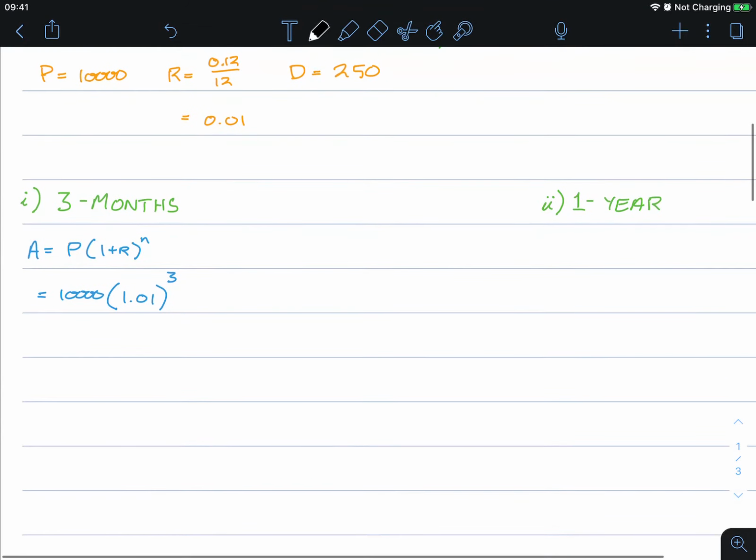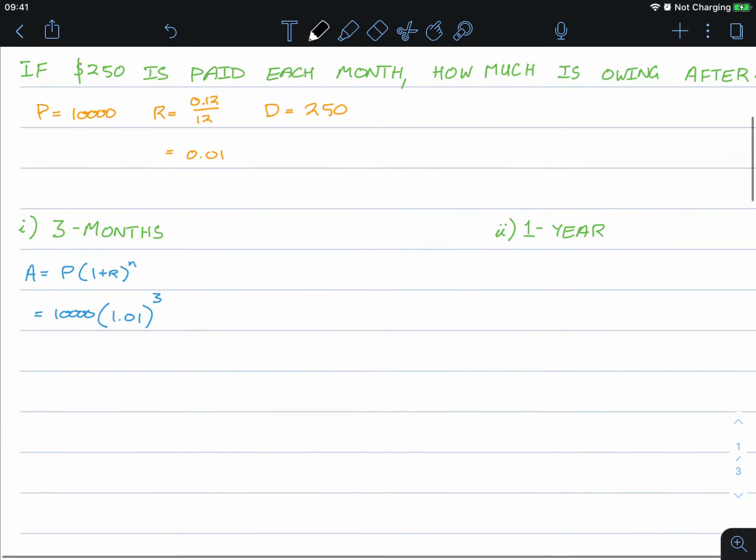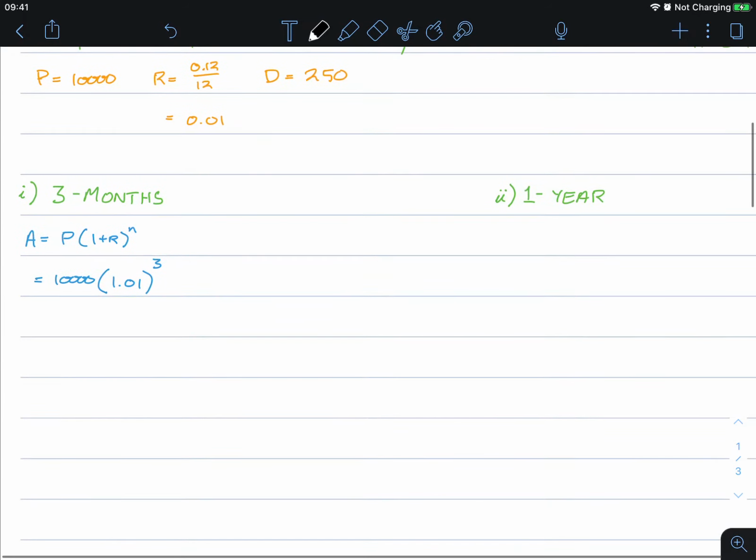As for the annuity of the regular repayments, 3 months is small enough that we can just do all three. So here we go. Let's go the deduction 1. The first deduction is $250. In this one, we'll receive the interest 2 times, because they only make the first repayment after 1 month.